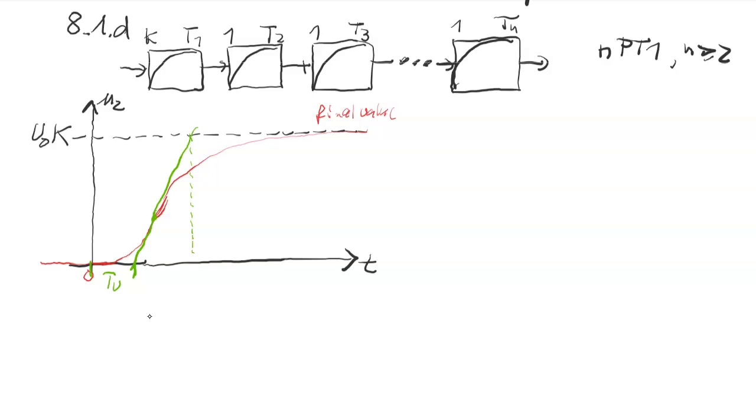So for this purpose you need to know the final value. This time range is called Tg.